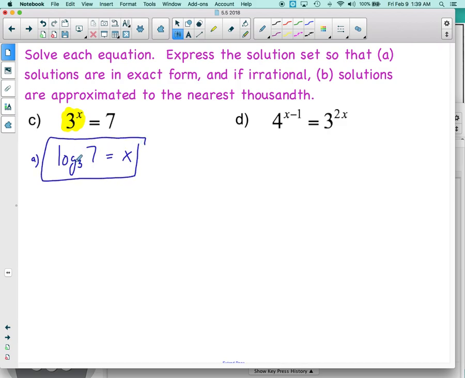Now that's not a question we can answer, because we don't know what power we need to raise 3 to to get 7. So we need to think about how to approximate that. How do we figure out what the log base 3 of 7 is? Well, we can't type that in our calculator, but what we can do is change the base. So we're going to use the change of base rule.